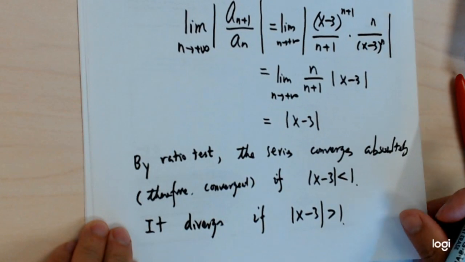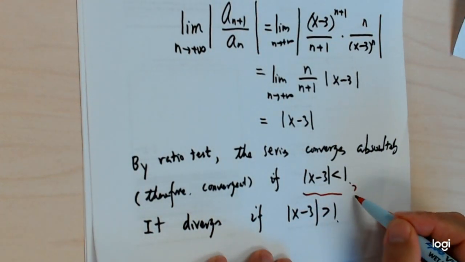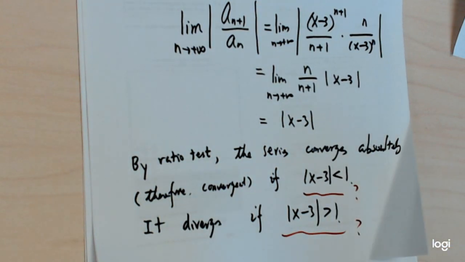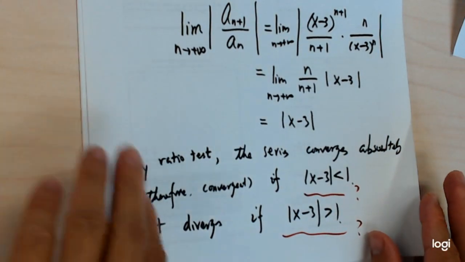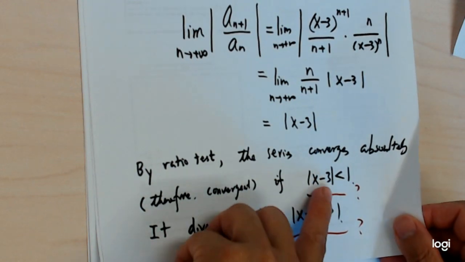But now let's take a look. What kind of x are we exactly looking at here? So I'd like to figure out the solution to this inequality.